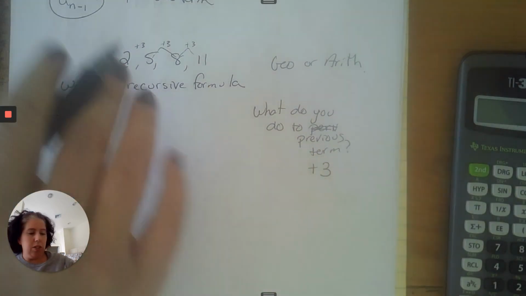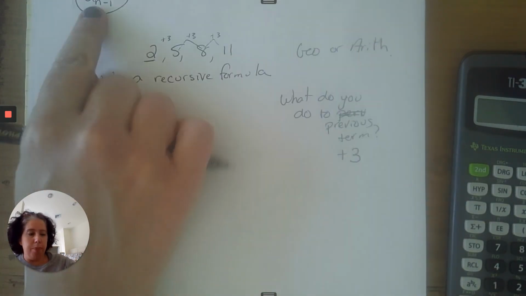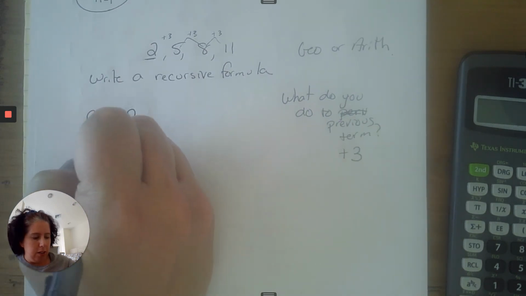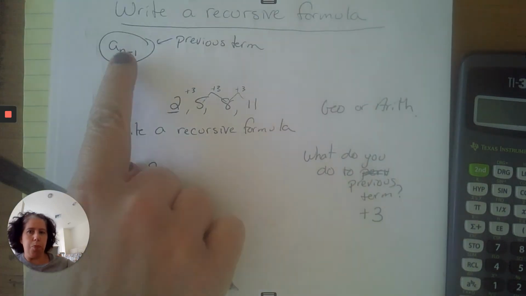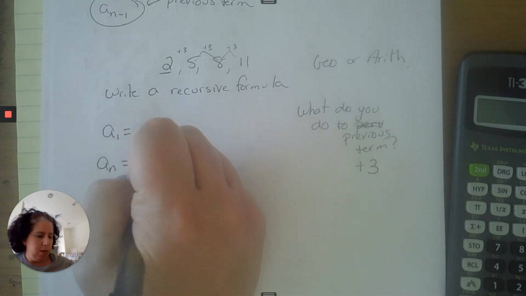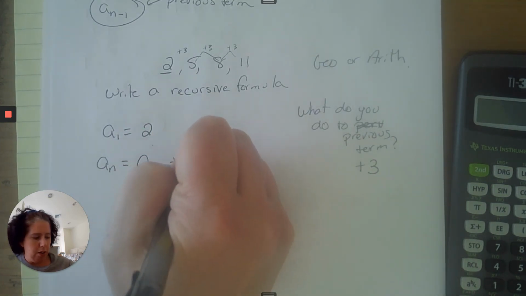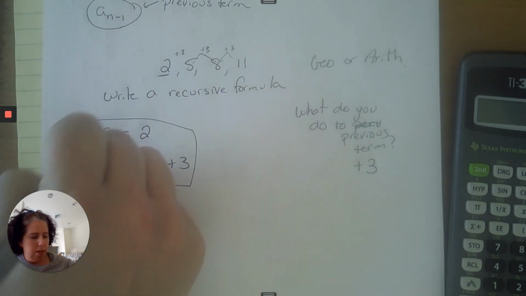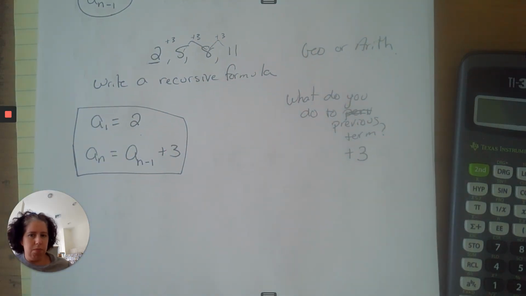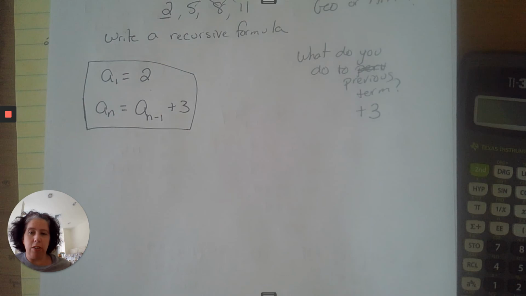This up here meant previous term, right? So you're going to have a sub n equals your previous term, a sub n minus 1, and then you're going to add 3. That's your answer. No, I'm serious, that's your answer.